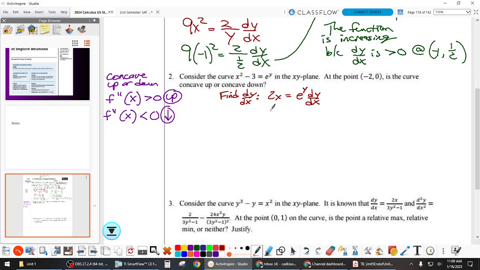Anyway, so let's check. What's e to the 0? What does that mean? That it's not a perfect point at 2, 0.